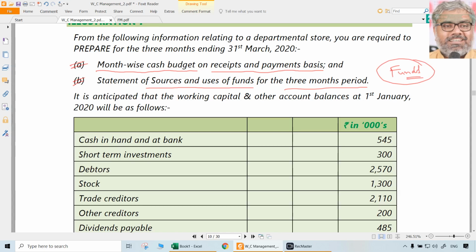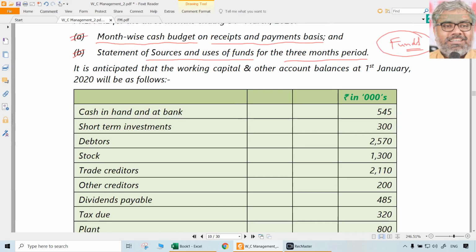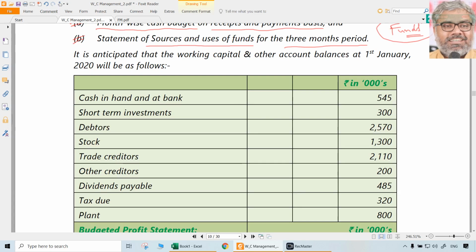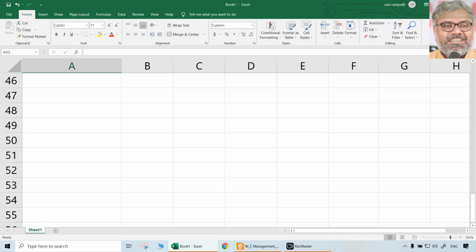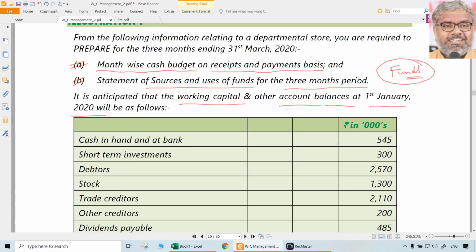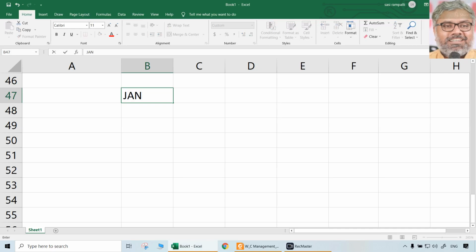So the second one is more of an accounting type, though it is not shown as an account, but it requires accounting knowledge. Of course, even the first one requires accounting knowledge of exactly identifying how much will be the receipts and payments. Now, what is the data which is available with us? It is anticipated that the working capital and other account balances on 1st January 2020 will be as follows. For 3 months it was asked: January, February and March.